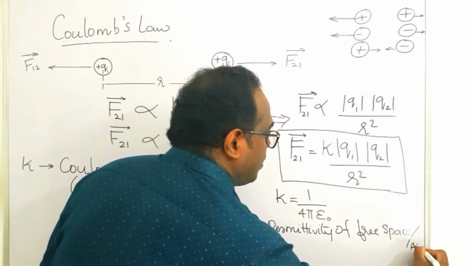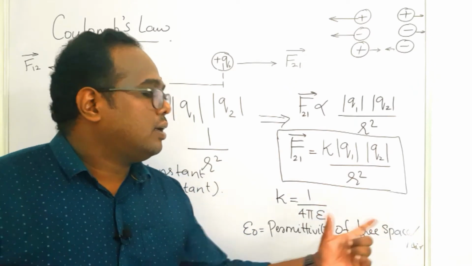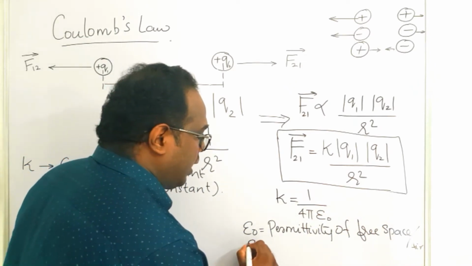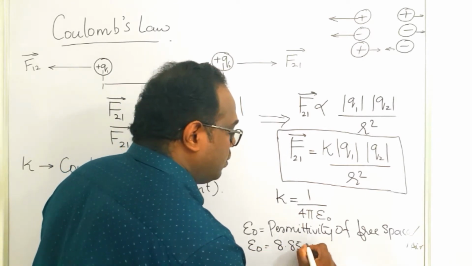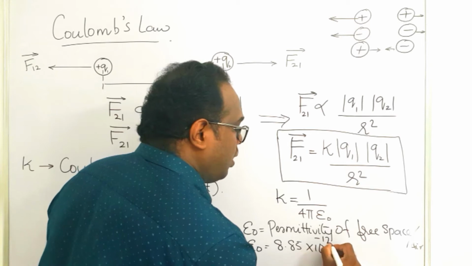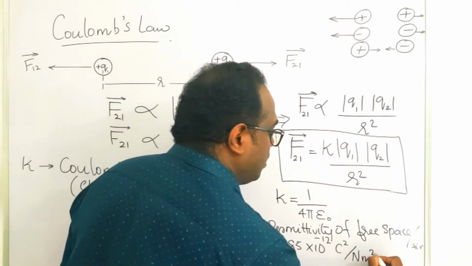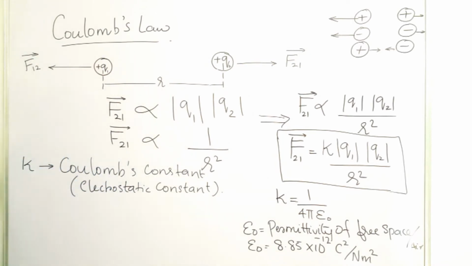The value of epsilon naught for air is 8.85 into 10 raised to minus 12 Coulomb square per Newton meter square. This is the unit.